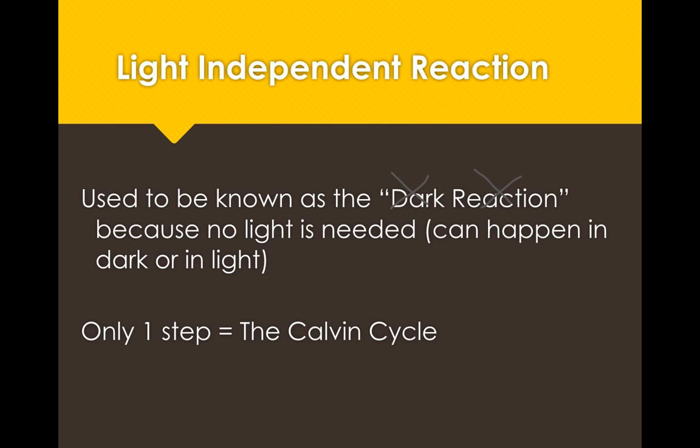But light is not required. And really there's only one step, and we refer to that as the Calvin cycle. So often the light independent reaction is just simply known as the Calvin cycle. So this is the second phase of photosynthesis.